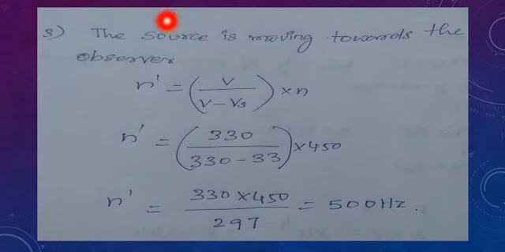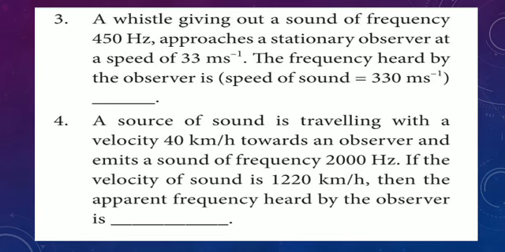See this. The source is moving towards the observer. n dash is equal to v divided by v minus vs, into n. n is the frequency. v is the velocity of sound. So velocity of sound is given 330, and the source is producing the normal frequency 450.